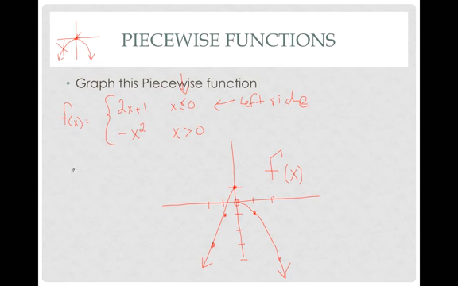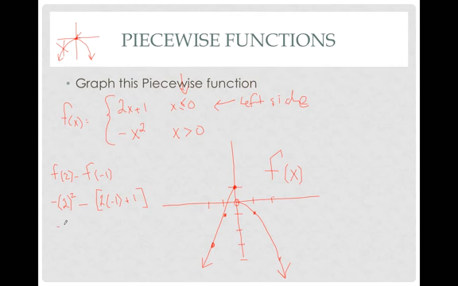Now, if you recall the question from the quiz, something along the lines of this: if I told you to do f of 2 minus f of negative 1, f of 2 exists when x, that's 2, is bigger than 0, so I'm going to plug it into this function. So it's going to be negative 2 squared, minus f of negative 1, which exists in this function, minus 2 times negative 1 plus 1.